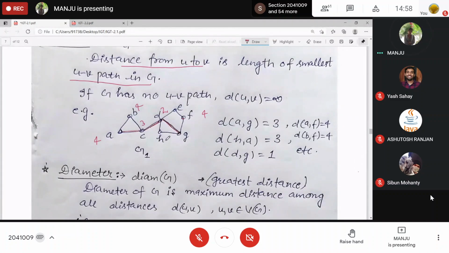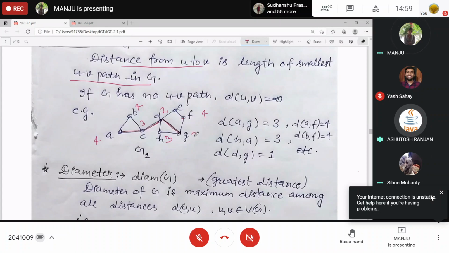Three. 3, 4, 2. What about G? 3, 4. Which distance do you have?